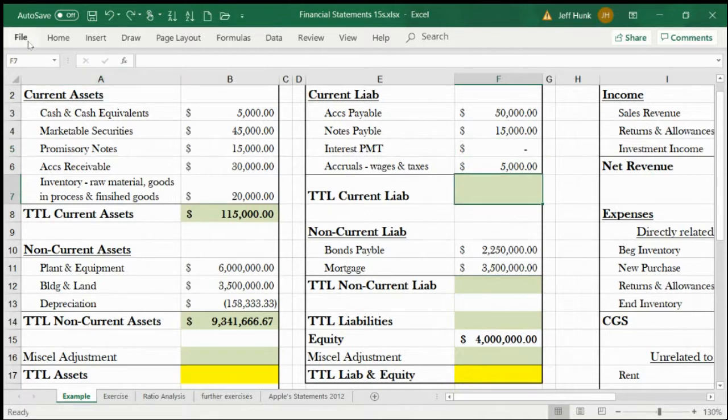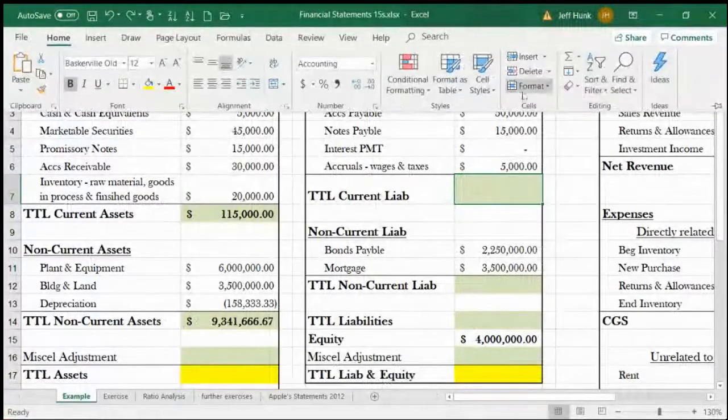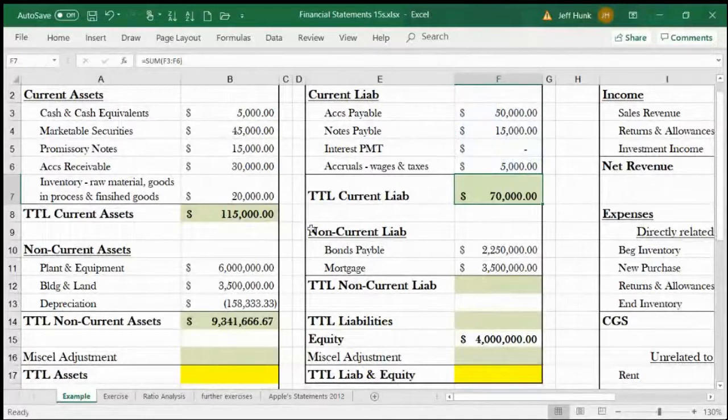First, let's find the sum of current liabilities. Oh, by the way, you remember another name for current assets is working capital.